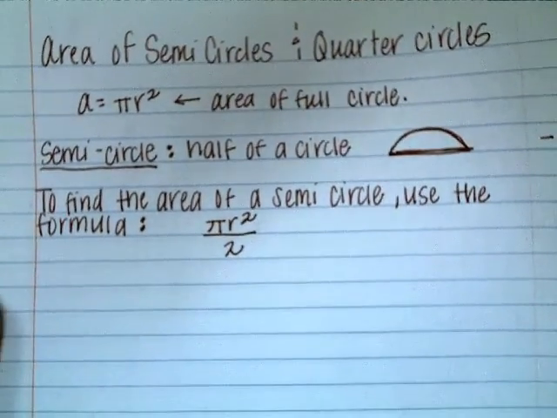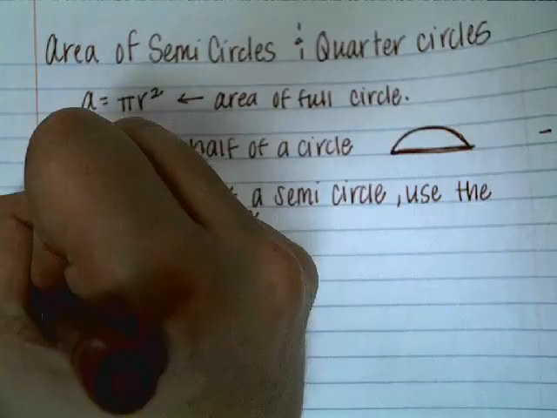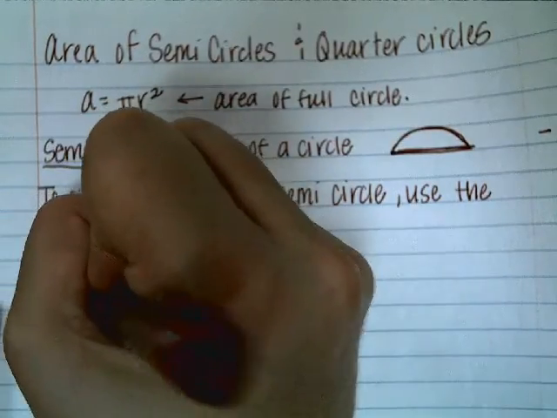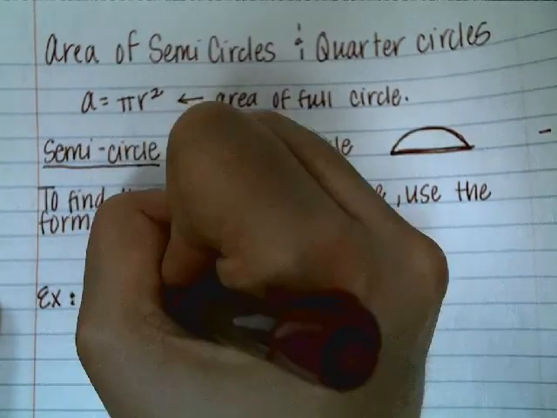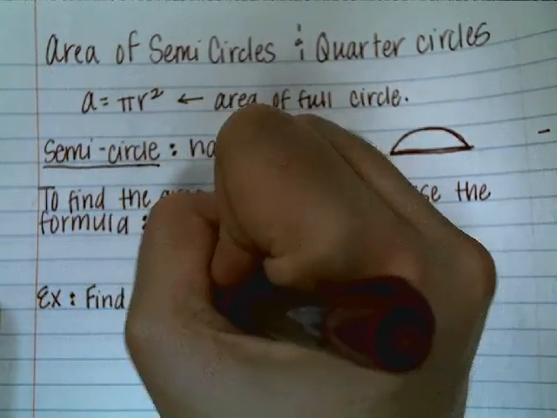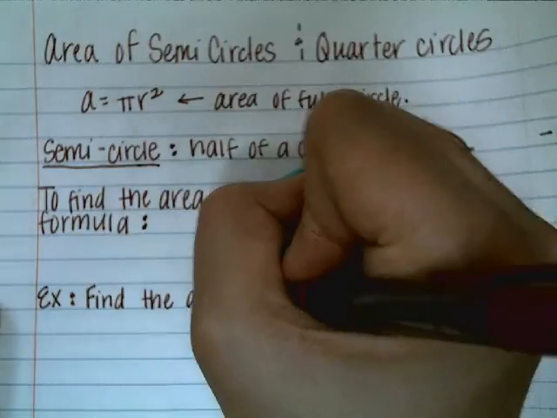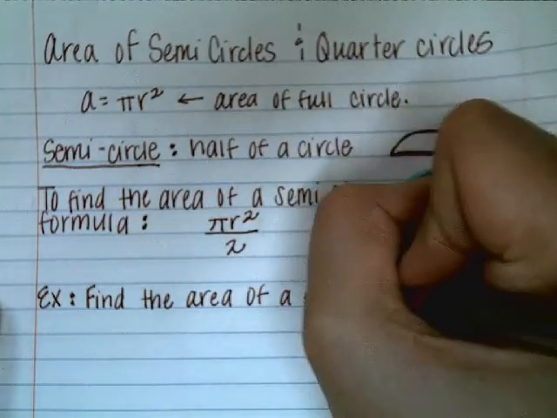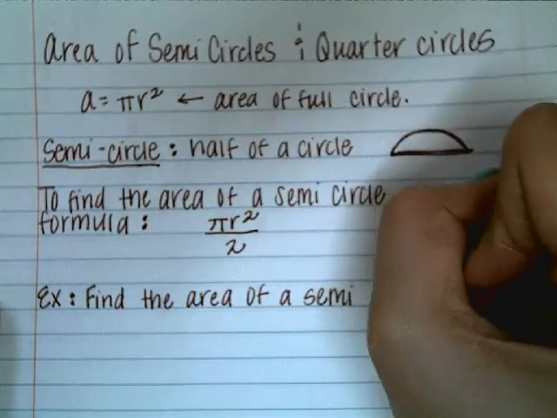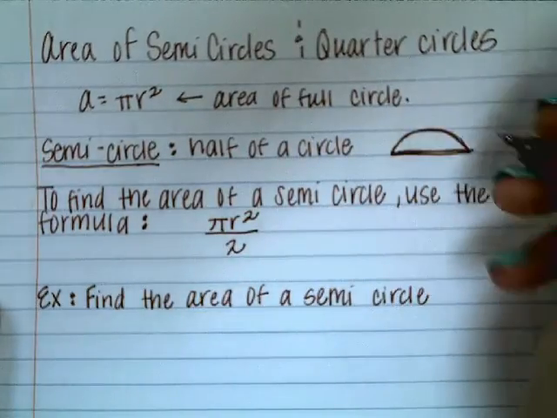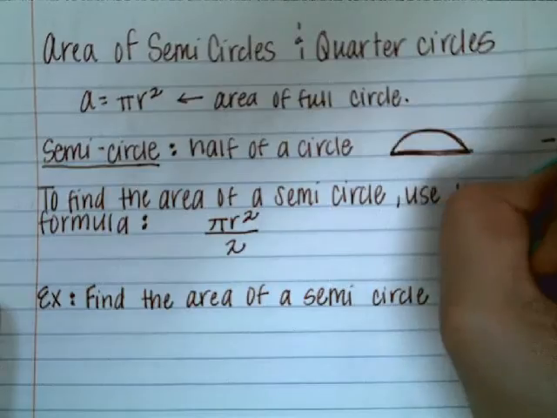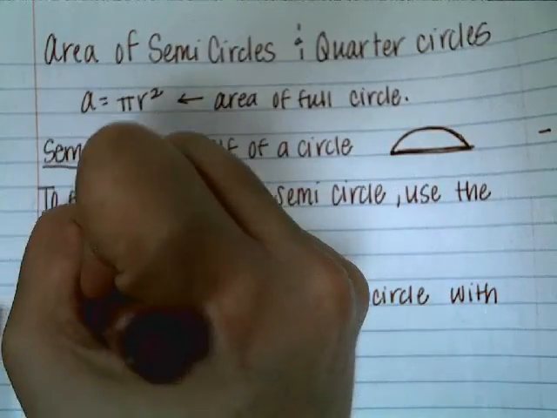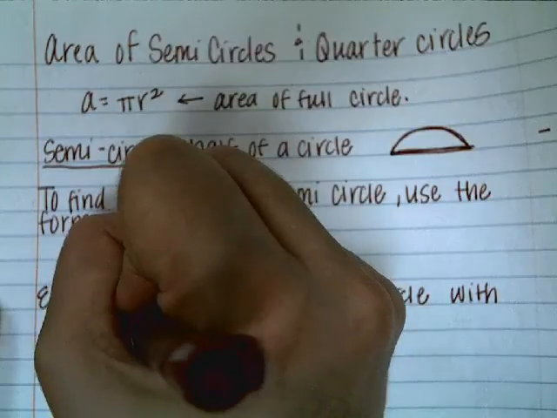And we're going to go straight into an example problem. Find the area of a semicircle with a diameter of 10 centimeters.